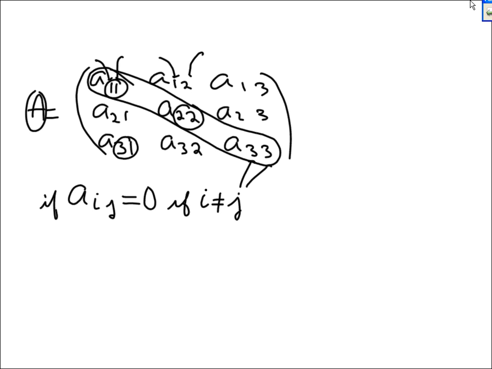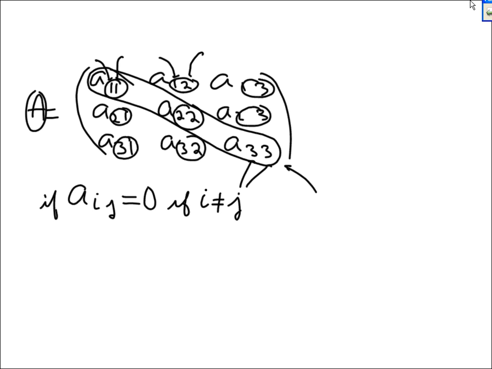Notice, when we're off the diagonal, the i's and the j's are different. Just because they're always the same on the diagonal doesn't mean they can't be the same in other positions.